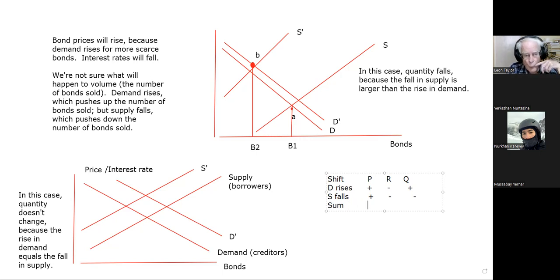So overall, we can be confident that prices will rise and interest rates will fall. But we're not sure what will happen to quantity. So if you ever become confused, try drawing up the table and consider each shift one at a time.